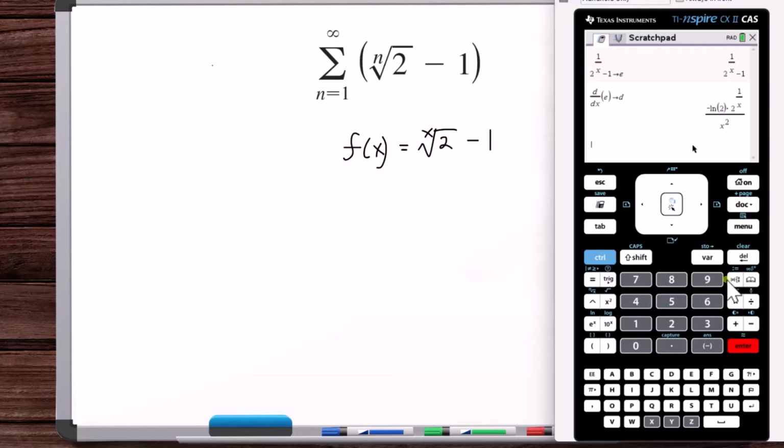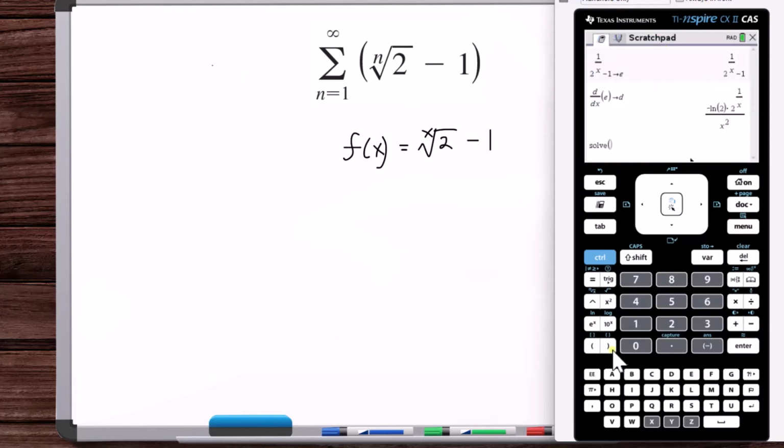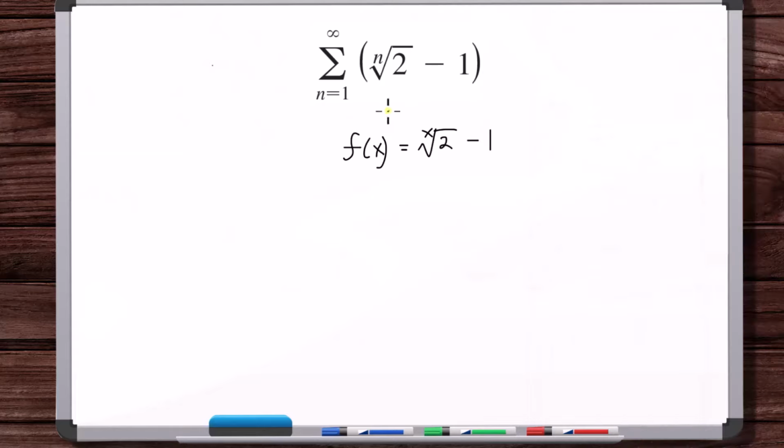Now let's solve for when d is equal to 0. For what x values is d equal to 0? It never is. But we can see that d for any x is always negative. So this is positive, decreasing, and continuous.